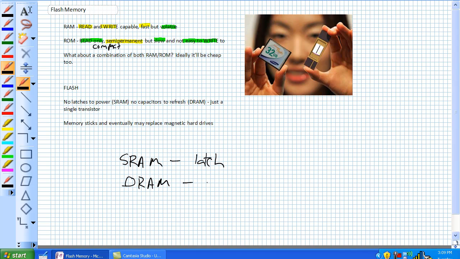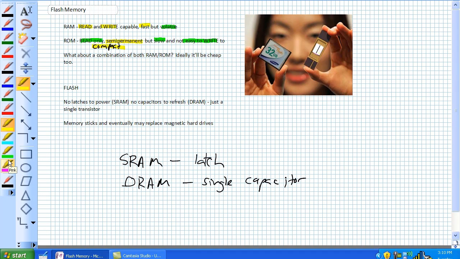DRAM is a single transistor and capacitor. So ROM is slightly more compact than our RAM. Okay, so what about a combination of both RAM and ROM?